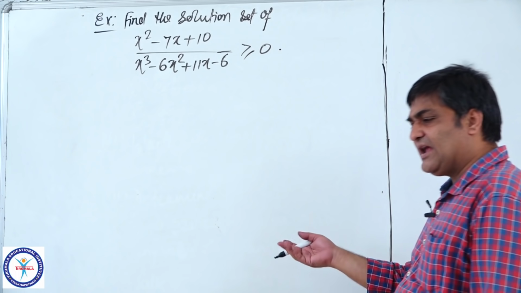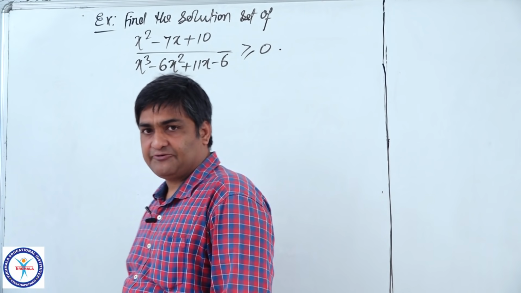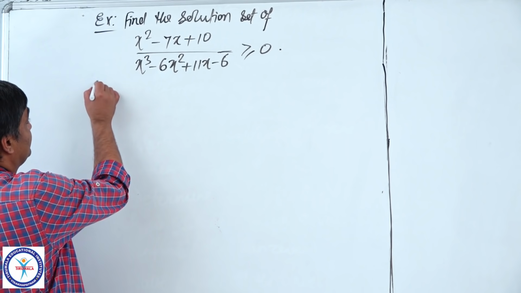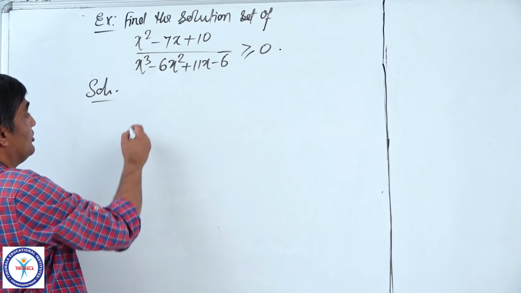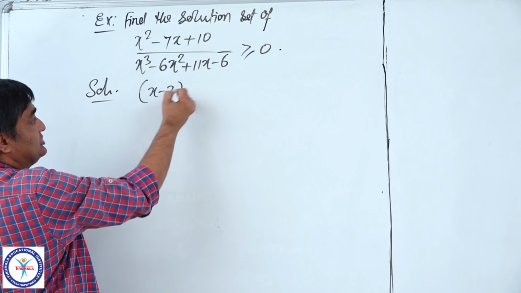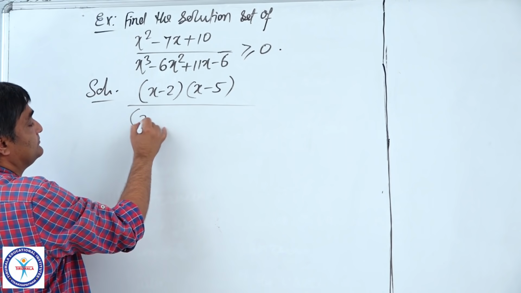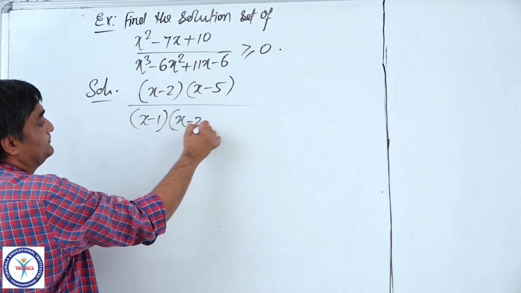See, we can apply the wavy curve method as well. If we factorize the numerator, it is x minus 2, x minus 5 by the denominator.